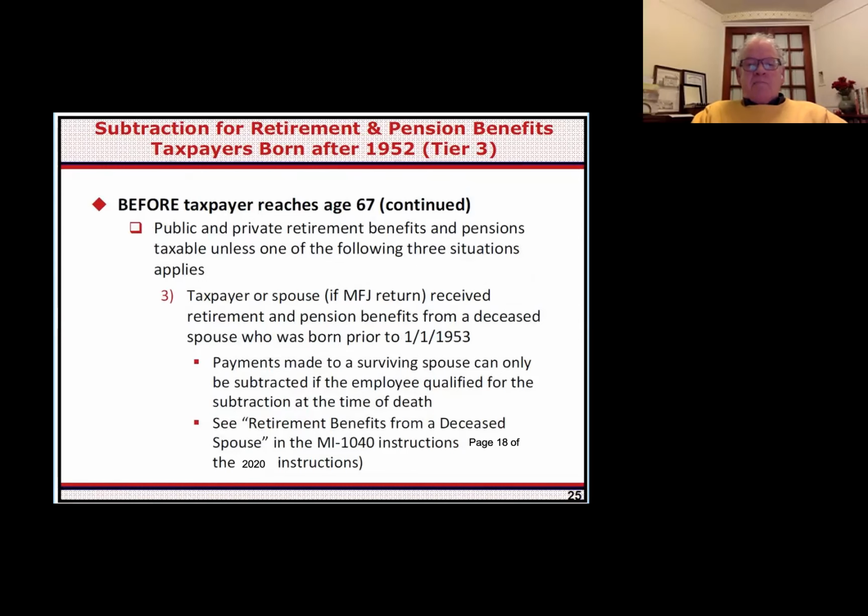Now, if there's a deceased spouse that was born prior to 1953, tier 1 or tier 2, there is a benefit, and you have to make entries, as you saw in the Tax Layer software. You have to know the Social Security number and the year of death.